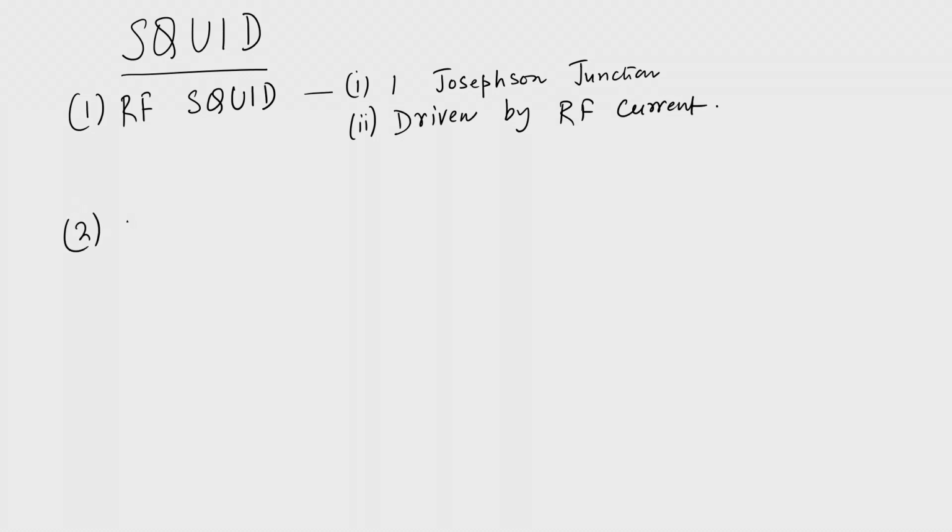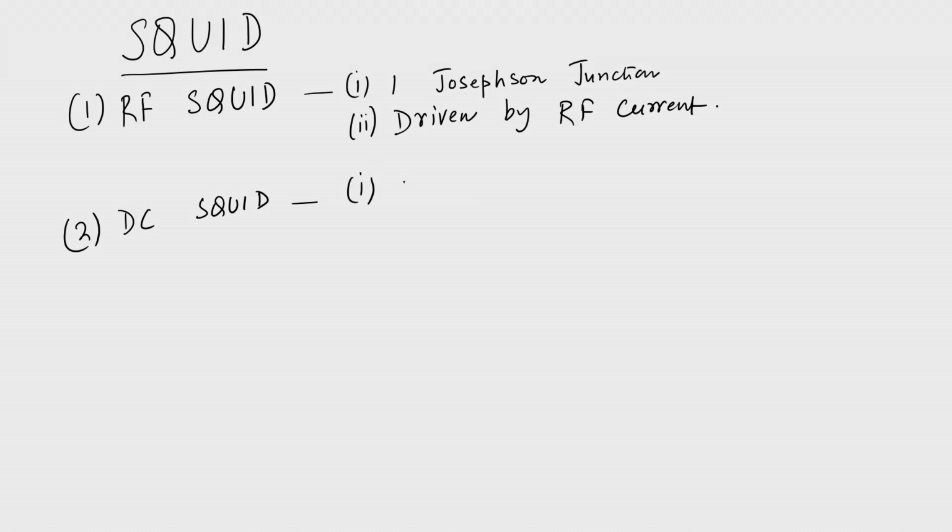And two, of course, what are known as the DC SQUIDs, which are most commonly available for commercial purposes, and the discussions are also more abundant for the case of DC SQUIDs.